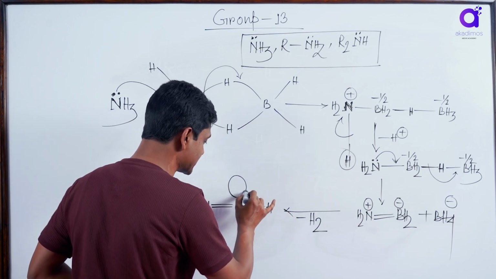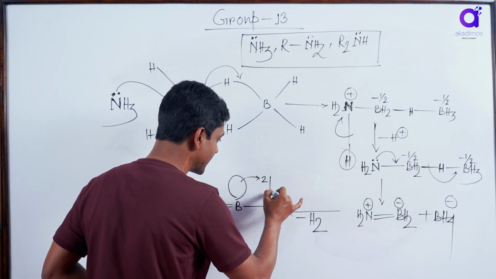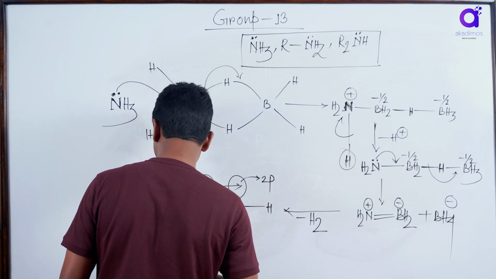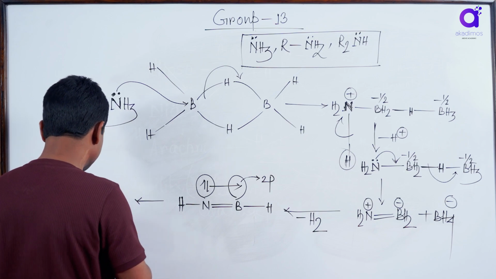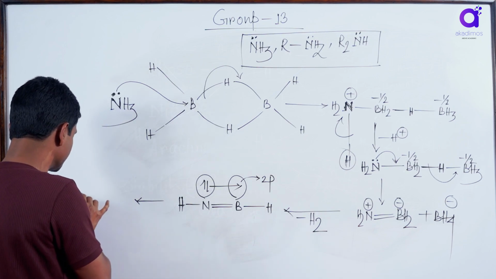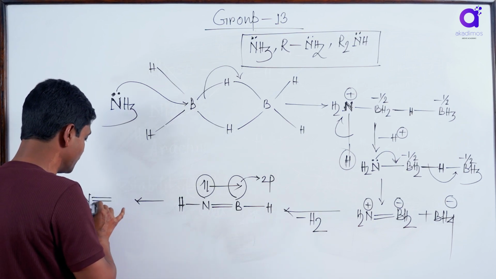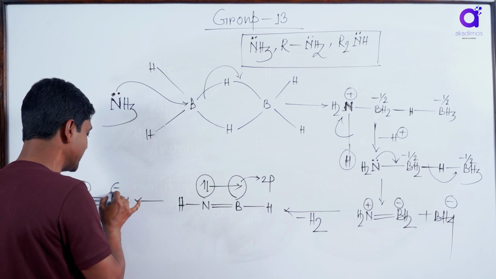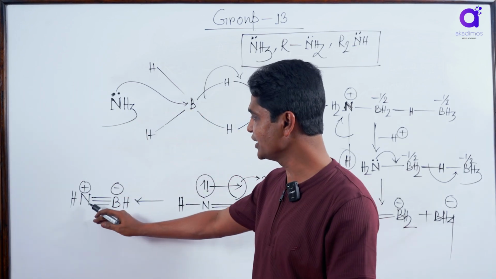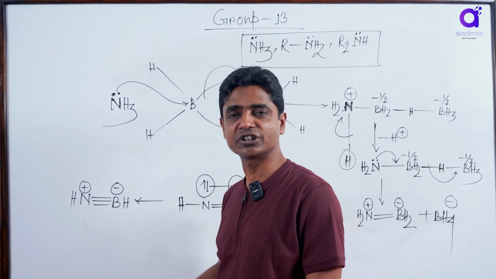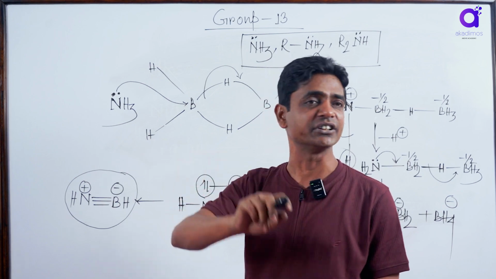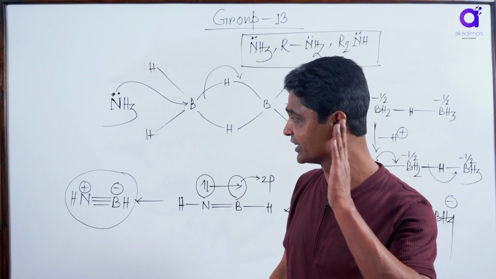Now you know boron has a vacant 2p, and here you will get a lone pair of electrons, you will get a coordinate bond, and you can write HN triple bond BH. This is plus, this is minus. See, this N plus is equivalent to carbon, B minus is equivalent to carbon, and its structure is like acetylene, isoelectronic with acetylene.